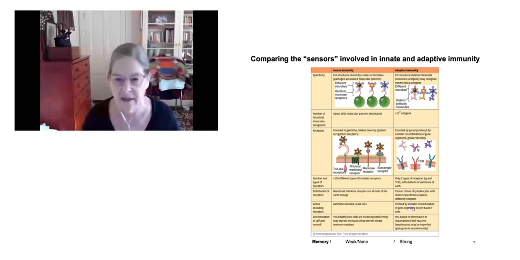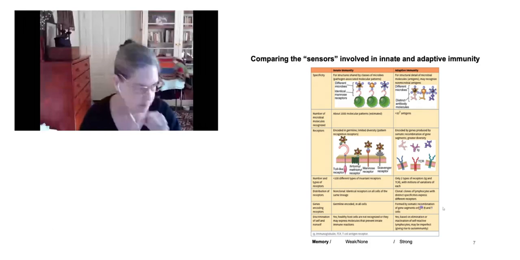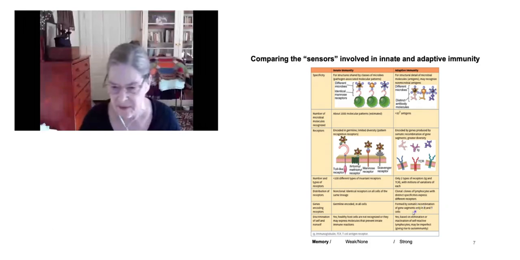So you'll make huge repertoires of different B cells that have different B cell receptors on their surface, and huge repertoires of T lymphocytes that have different T cell receptors on their surface, and each B cell or T cell clone is committed by virtue of somatic recombination to a particular receptor.